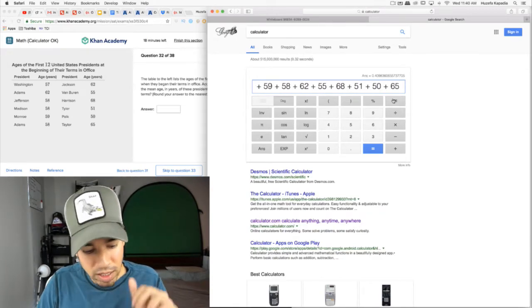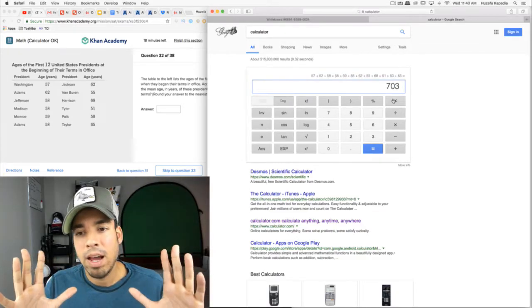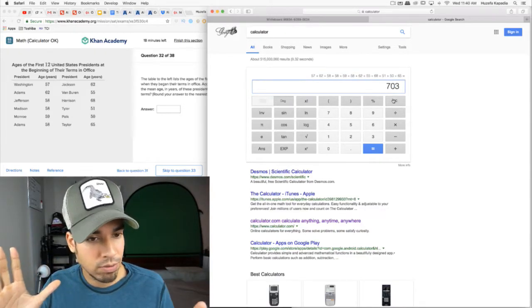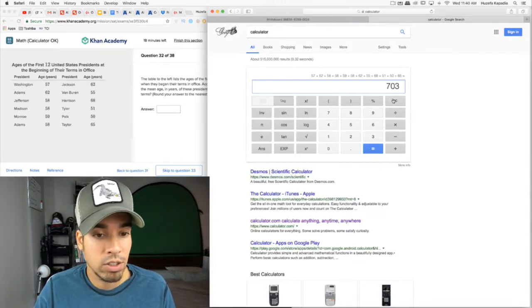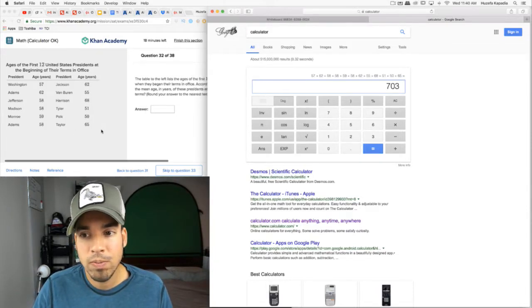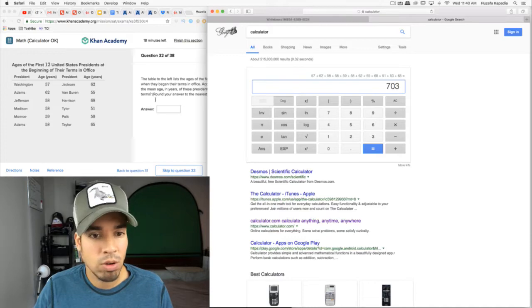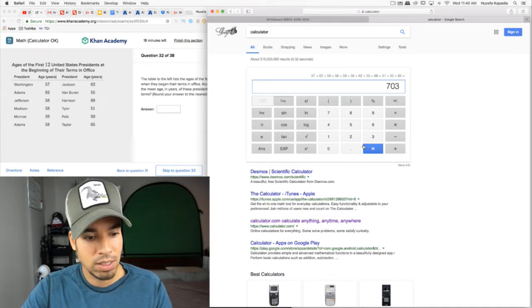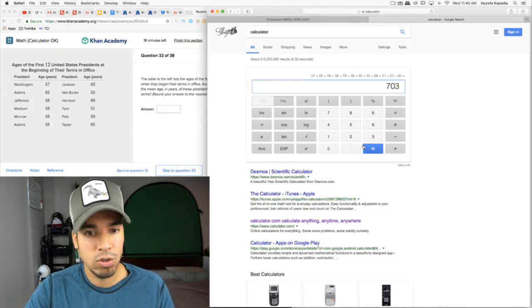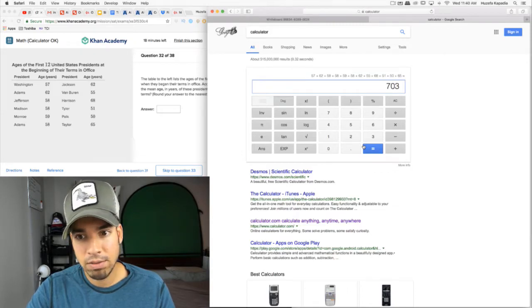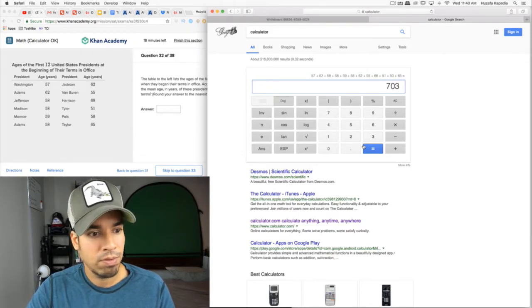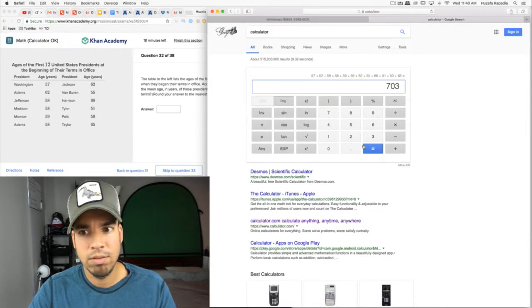Okay, this is a really important question to double check because if I make one mistake, this is a free response, I could get the wrong answer. There's nothing to check it against and I'm in trouble. And so how many presidents do we have? This divided by 12. First, I'm going to check that these numbers are right. So I see 57, 62, 58, 58, 59, 58, 62, 55, 68, 51, 50, 65.